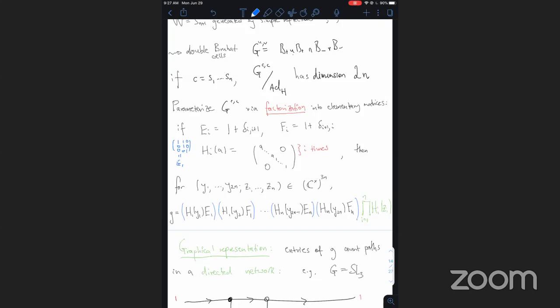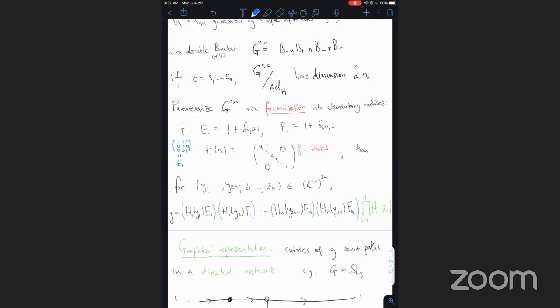Then these matrices admit a factorization in the form h1(y1) times the first elementary matrix e1, then h1(y2) times f1. Then we just repeat this block of four elementary matrices an additional n minus 1 times, each one incrementing the index on the h's, e's and f's by 1. So we have this big product all the way up to hn(y_{2n-1}) times en times hn(y_{2n}) times fn.